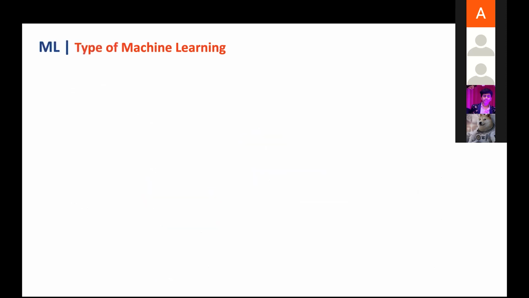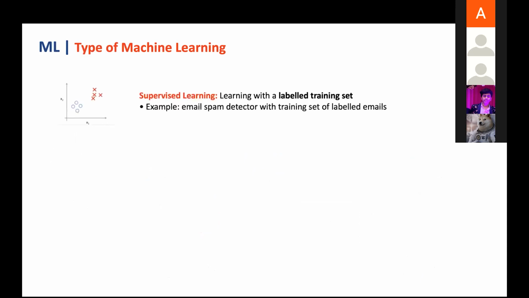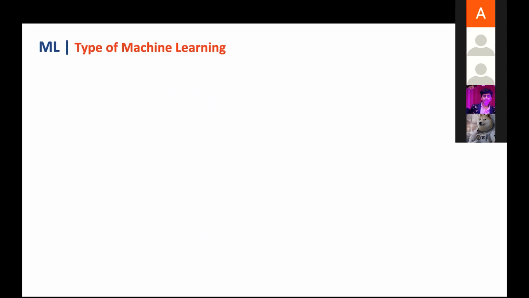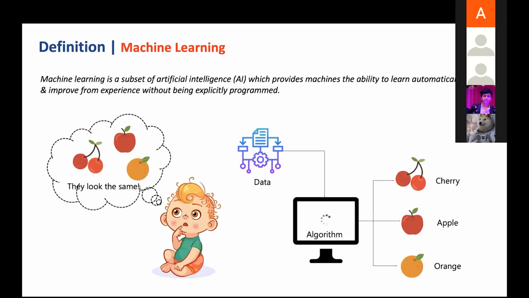So let's go through a few of the types of machine learning. There are basically 3 types of machine learning. The first one is supervised learning. Supervised means supervising someone, telling someone something, and then they will learn it. Here we are supervising the child: this is the orange, this is the apple, this is the cherry.